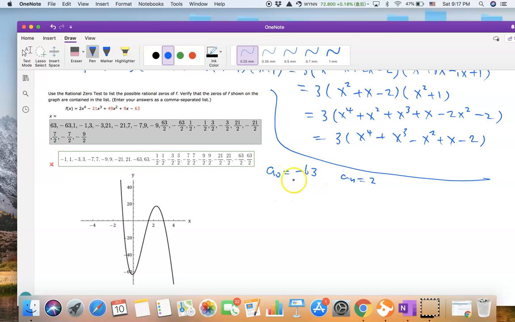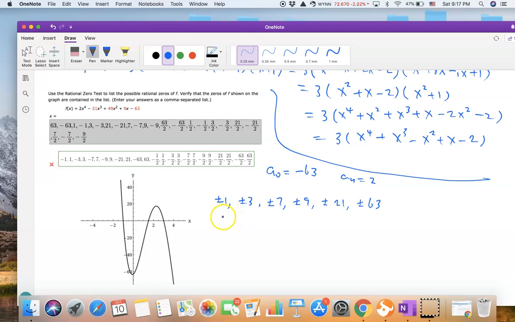And I consider all the factors of the constant. So the positive, negative 1, positive, negative 3, positive, negative 7, positive, negative 9, positive, negative 21, and positive, negative 63.